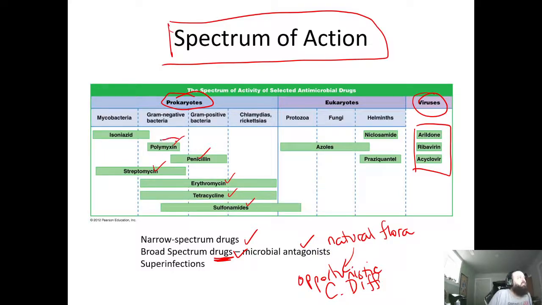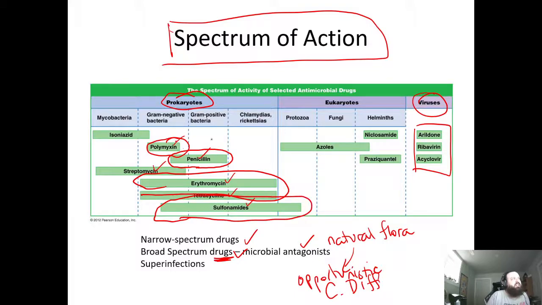So notice the polymyxins are very specific to gram-negative bacteria. Penicillin kind of is mostly gram-positive, but also affects some gram-negative. These erythromycins tend to affect a lot of species of bacteria. And then these sulfa drugs could be really dangerous because in addition to damaging prokaryotes, they also damage eukaryotes. And don't forget, we are eukaryotes.